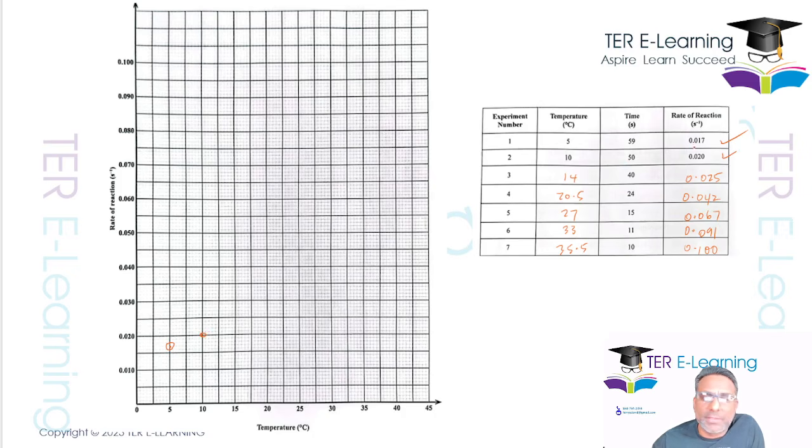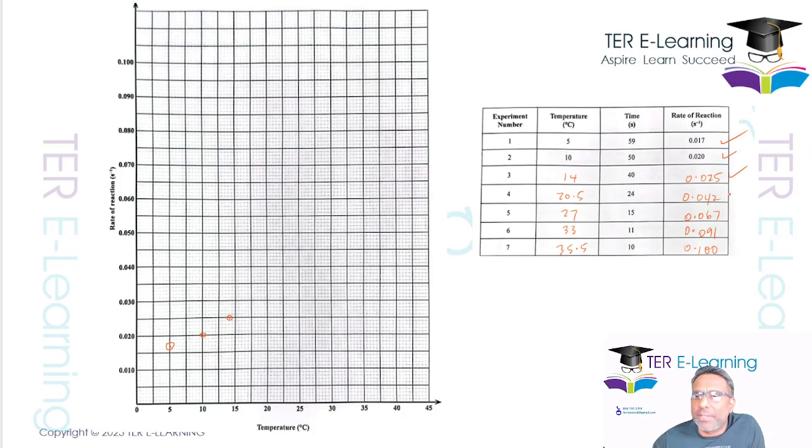Next one is 14 against 0.025, so that is going to be about here. I don't know if you all see these lines, but they're kind of tiny.